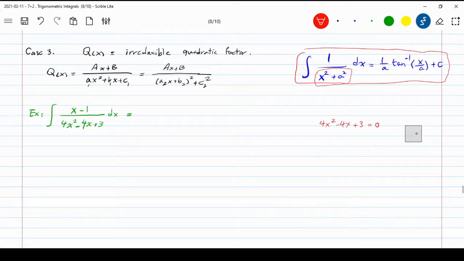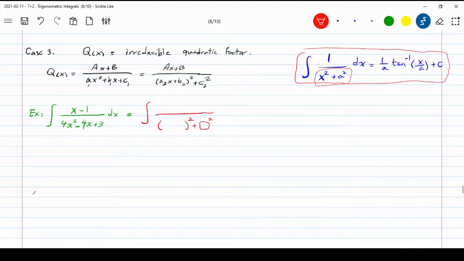That's what it means. Okay, so what do we do? We try to write this integral in a form where the denominator is a squared term plus some other term squared. This is the whole goal.